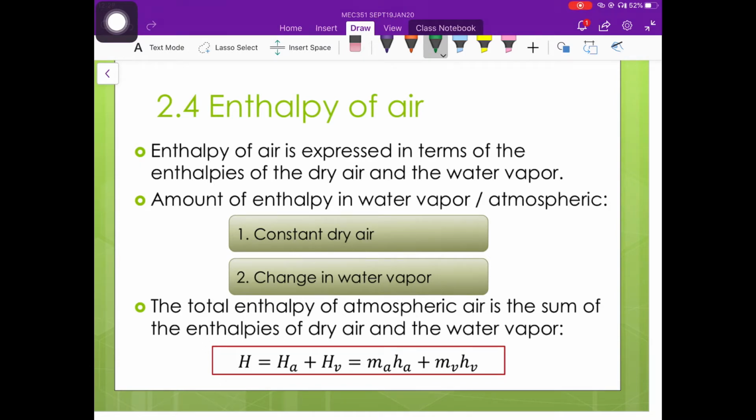The total enthalpy of atmospheric air will be the sum of the enthalpies for the dry air and the water vapor, and it can be given by this expression.